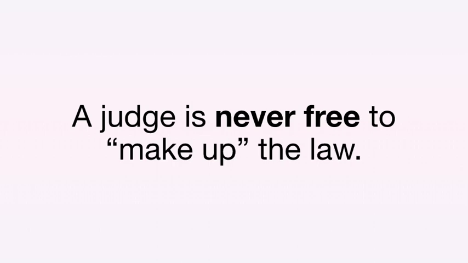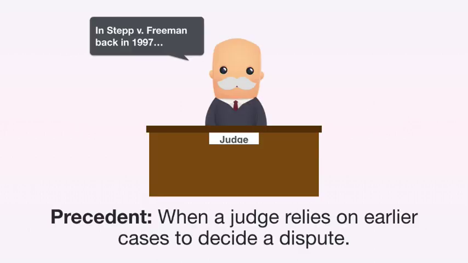The judge is always applying pre-existing law, either in the form of a statute passed by a legislature, state or federal, or a statement of law in earlier cases that decided the same issue. When a judge relies on a statement of law made in an earlier case to decide the present dispute, we would say the judge is using precedent.